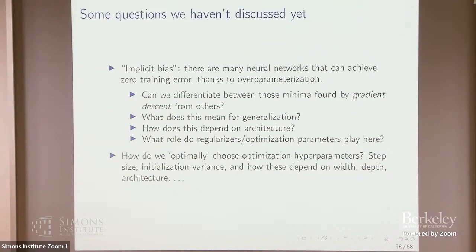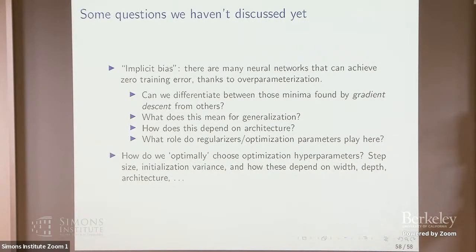And just to conclude, there are a lot of things in neural network optimization that I have not mentioned today that are active areas of research, and some of the talks this week will be talking about them. One is what someone asked before: because neural networks can be over-parameterized, there could be many different weights that achieve zero training error. So what is special about the weights found by gradient descent?